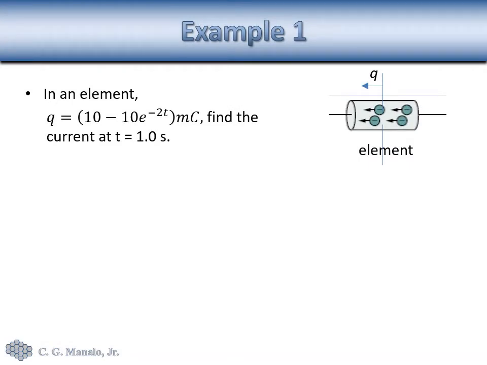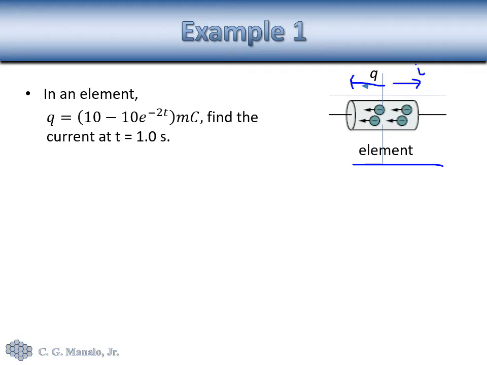Now let's go through a few examples of what we've been talking about, current and charge. In this example, we have an element, and through the element, charges are crossing in this direction. Take note that this means current is in this direction.